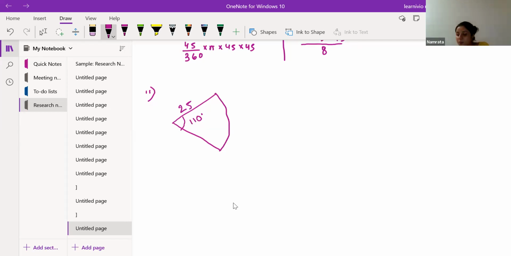But here two blades are participating. So whatever area of the sector you get from here, you have to multiply by 2, because both the blades are working simultaneously. So what is the formula for area of the sector?